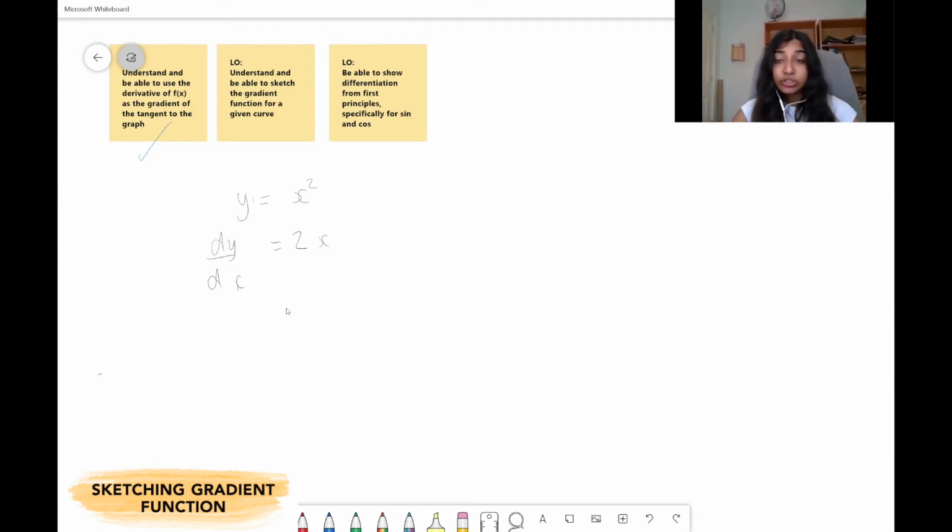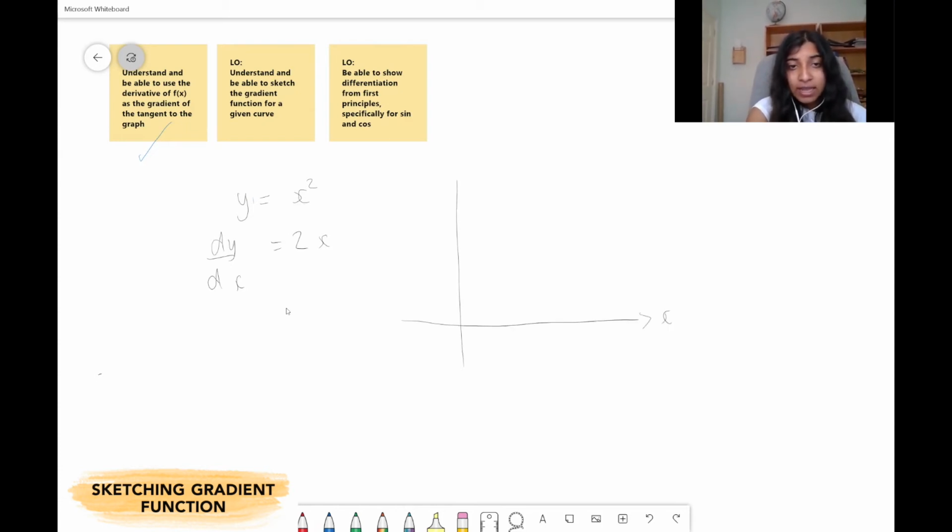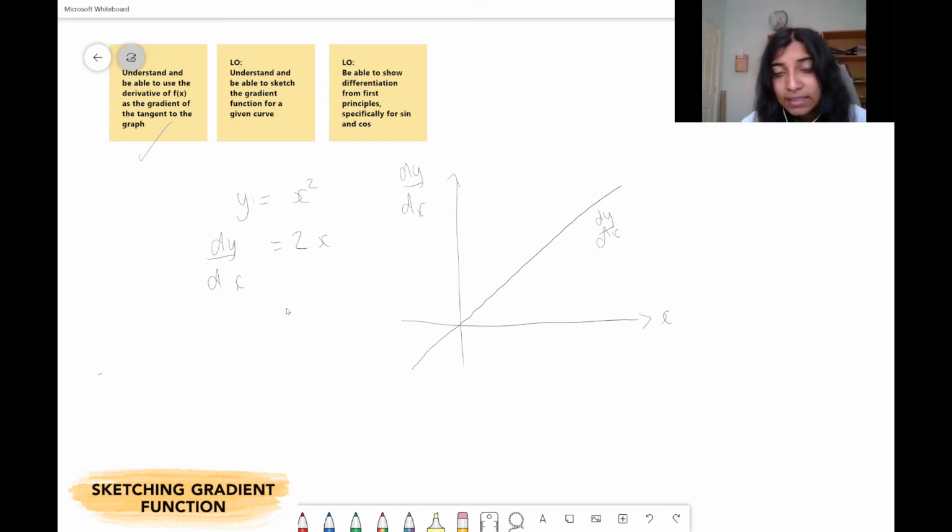So now you can just draw the curve like normal. Your x-axis would be x, and your y-axis would be dy over dx. So you can draw a normal graph of 2x, something like this, and that is your dy over dx equals 2x. So it's not that complicated to draw the gradient function.